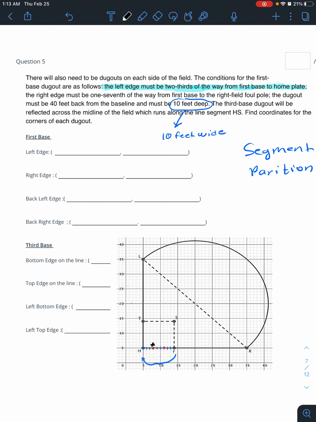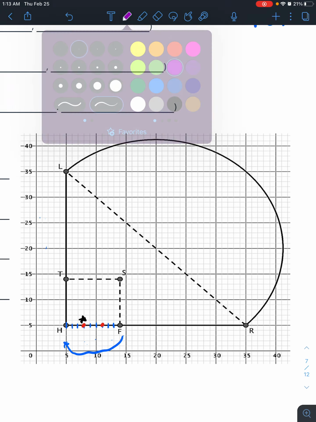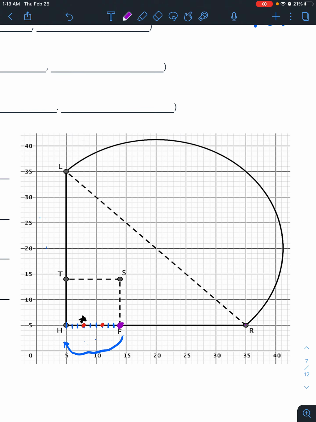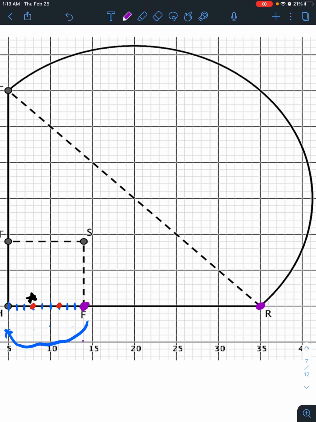And then the right one says it must be 1/7 of the way from first base to right field. So then you're looking from, let's use a different color, from here to here, that we must be 1/7. So if I look at this number, it is 14. I look at this, that's 35.